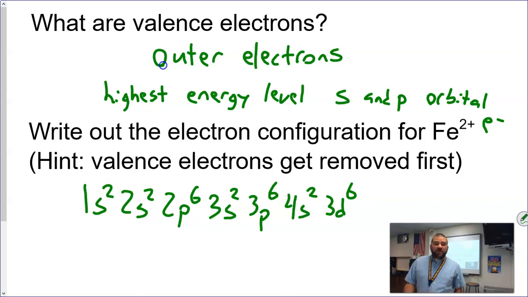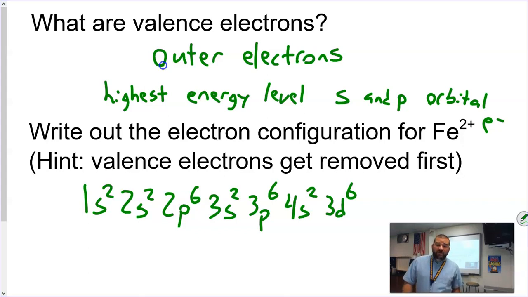I have iron 2+. The 2 positive charge means that I've lost 2 electrons. Now, when atoms lose their electrons, or they're taken away from them, they're losing valence electrons. So in our electron configuration, I have 4s2, 3d6. 3d6 is the last orbital that we put electrons in, so it feels like that should be the orbital that we take the first two away from. But in reality, when electrons are removed, they're always removed from the valence shell, or the valence electrons are removed first.